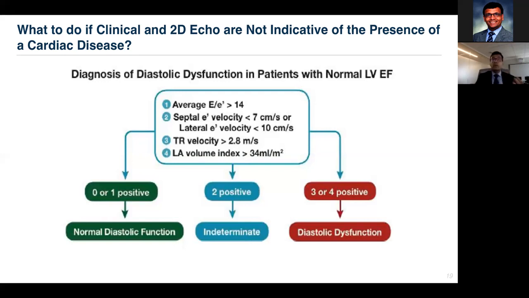More frequently, we also ask for agitated saline to get some faint estimation of the TR velocity, particularly if you're going to do an exercise stress test. Many times you may be able to get an estimate of the TR peak velocity using these additional measures, like saline injection or trying to get a whiff of TR velocity at peak exertion.